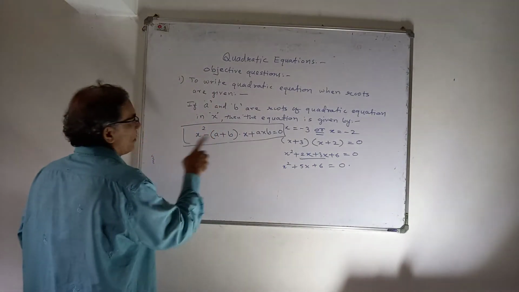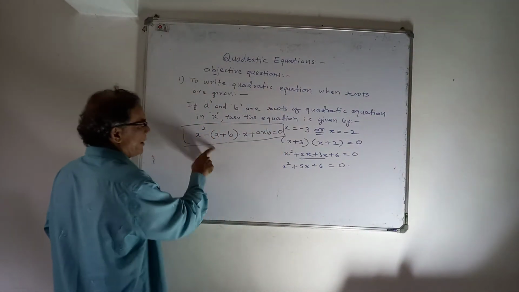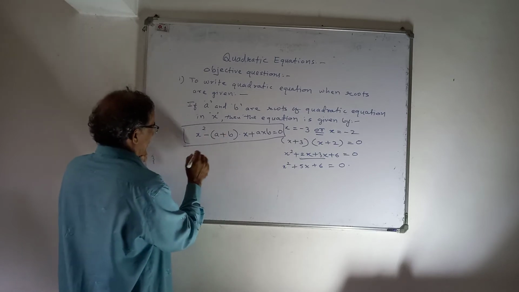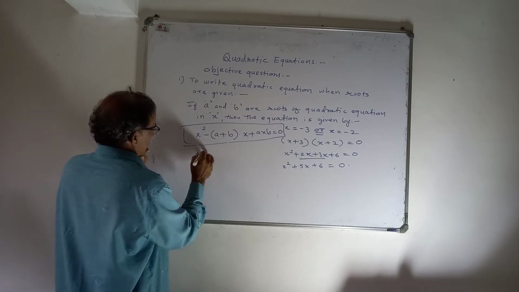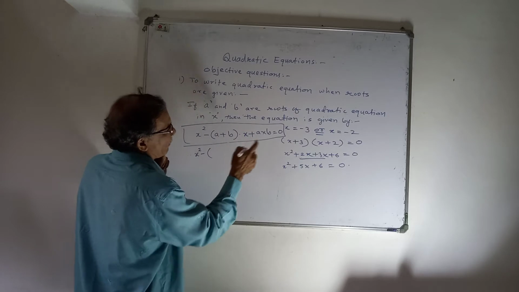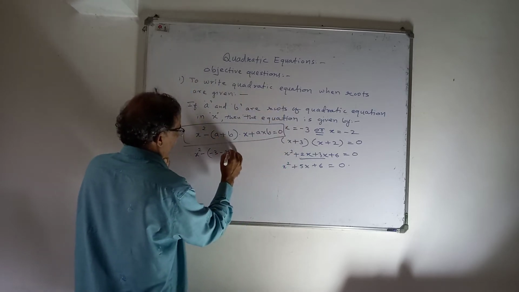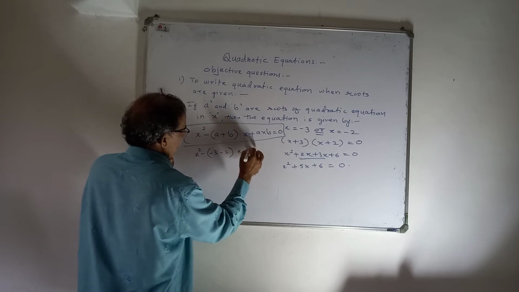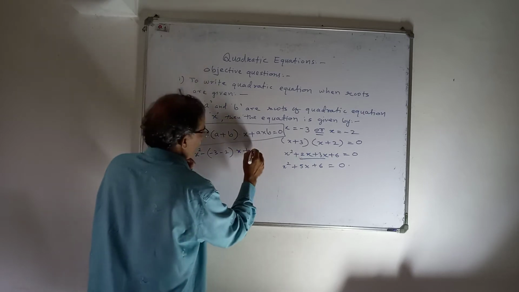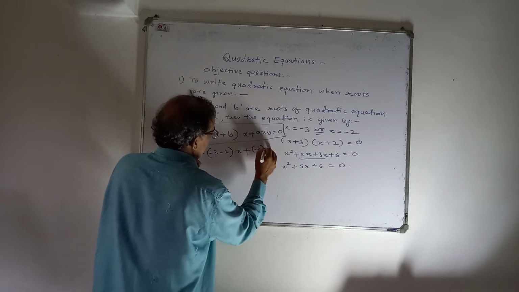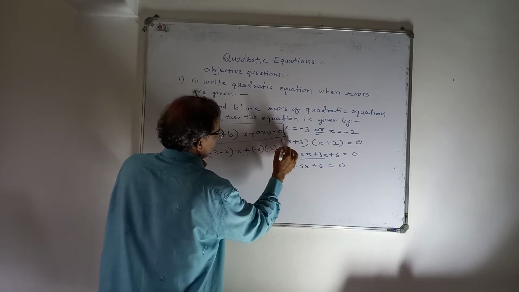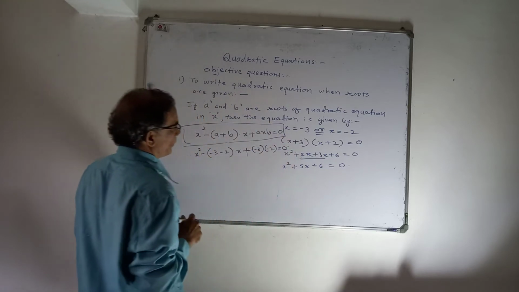So if we want to obtain the equation by using this formula, it will be like this. Therefore, x square minus (a plus b), a means the first root, minus 3, b means the second root, minus 2, into x, plus a into b, so minus 3 into minus 2, should be equal to 0.